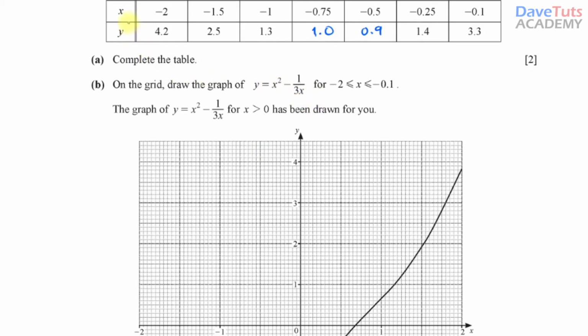In the first case, when x is minus 2, you can see this is minus 2 here, y is 4.2. Now this is quite interesting. For this particular vertical axis, for example, from 3 to 4, we have 10 boxes. So that means each one is taking 0.1 as the value. So in that case, we have 3.1, 3.2, 3.3, 3.4, 3.5 as the middle, 3.6, 3.7, 3.8, 3.9, and 4.0.